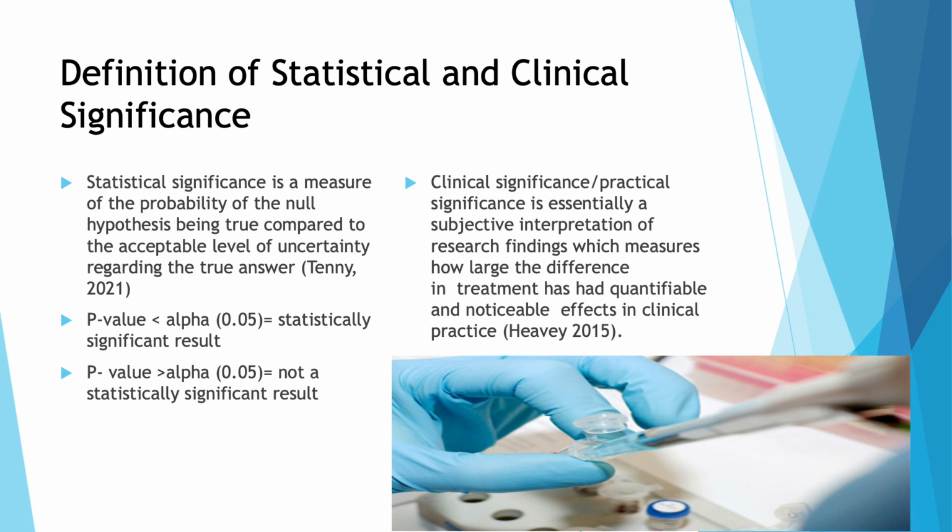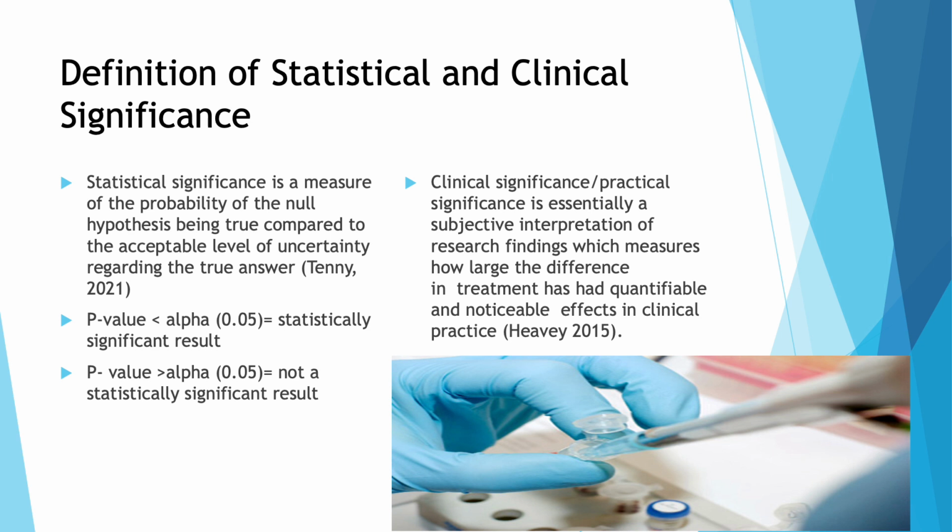Statistical significance is based on the concept of probability, where if a p-value is less than the alpha given 0.05, researchers reject the null hypothesis, and the null hypothesis is accepted when the p-value is greater than the alpha 0.05.